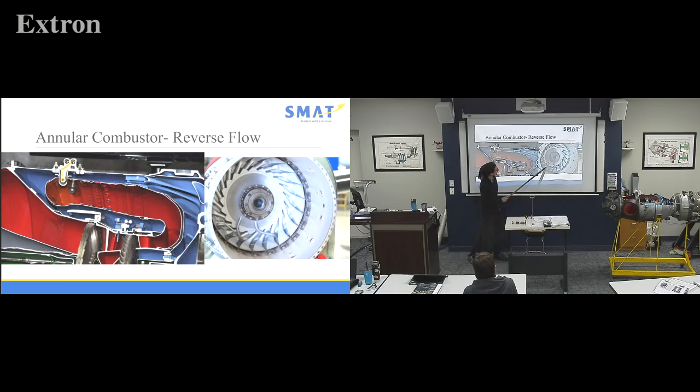So we have a little one, medium one, and a bigger one. Fuel injection? He says no. Okay, I affirm the no. Sensors? Bleed air? Anything else? And this is our shaft.